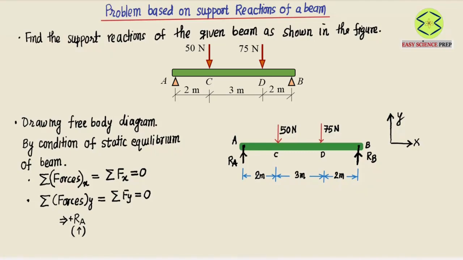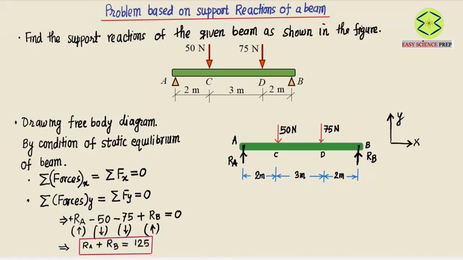Here we have taken upward as positive. 50 Newton is acting downward, so it is minus 50. 75 is acting downward, so it is minus 75, and RB is acting upward, so plus RB, and this is equal to 0. If you simplify this you get RA plus RB equals 50 plus 75, which is 125 Newton. So this is the first equation we got.